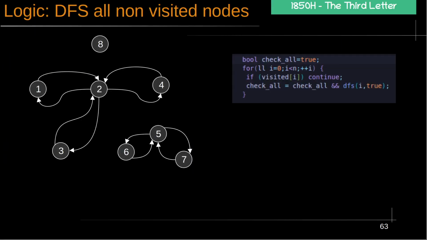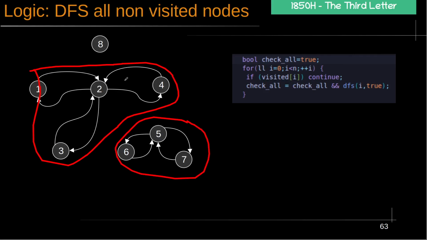Now let's check how to compute all the answers. As you see, the graph might be a non-connected graph, so we have to check. We have to AND all the answers here with this value.